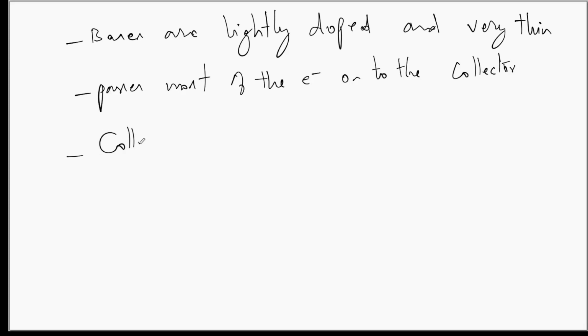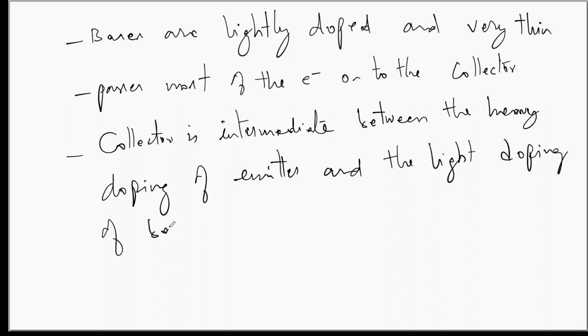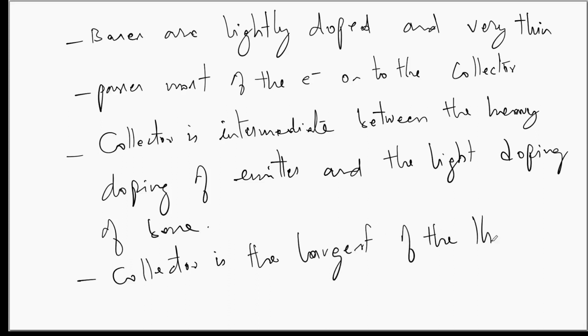The collector is intermediate between the heavy doping of the emitter and the light doping of the base. The collector is the largest of the three regions. What are the three regions? Emitter region, base region, and collector region.